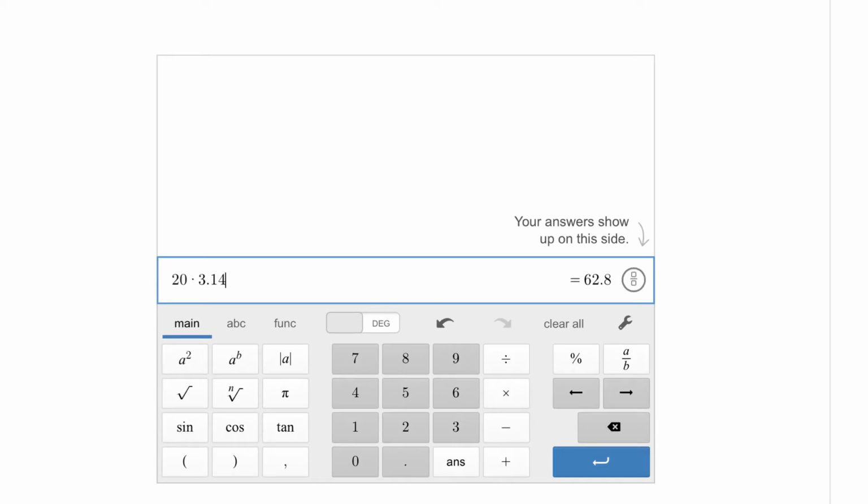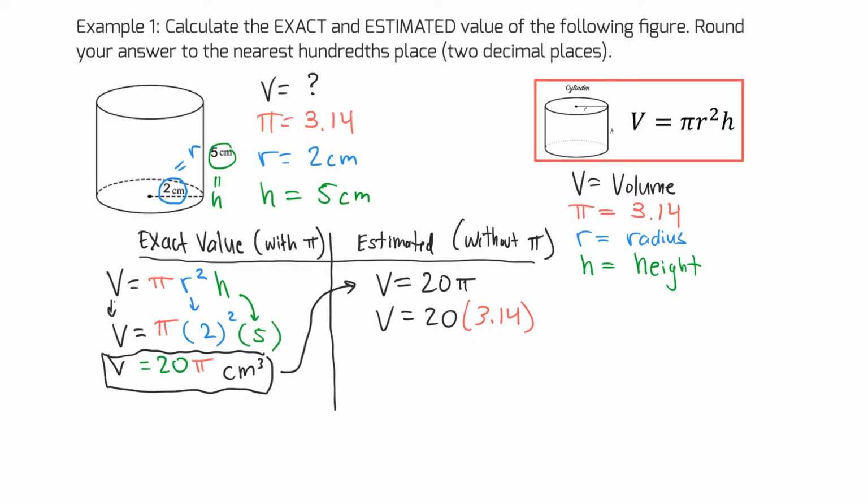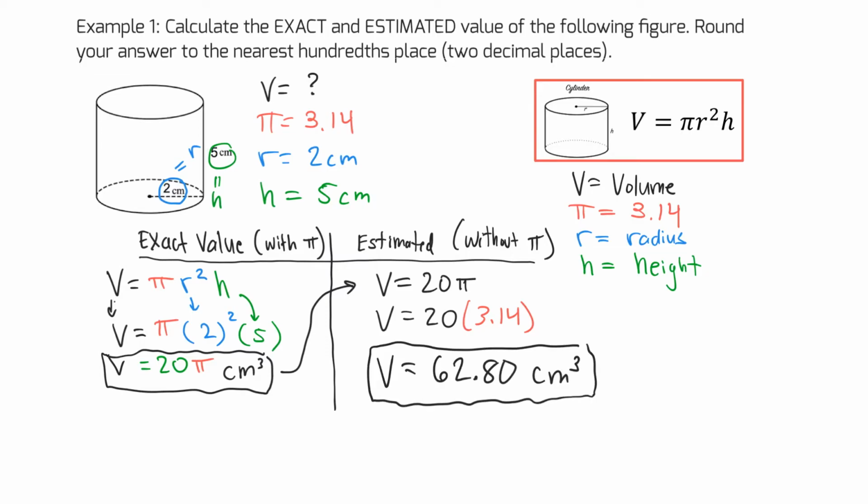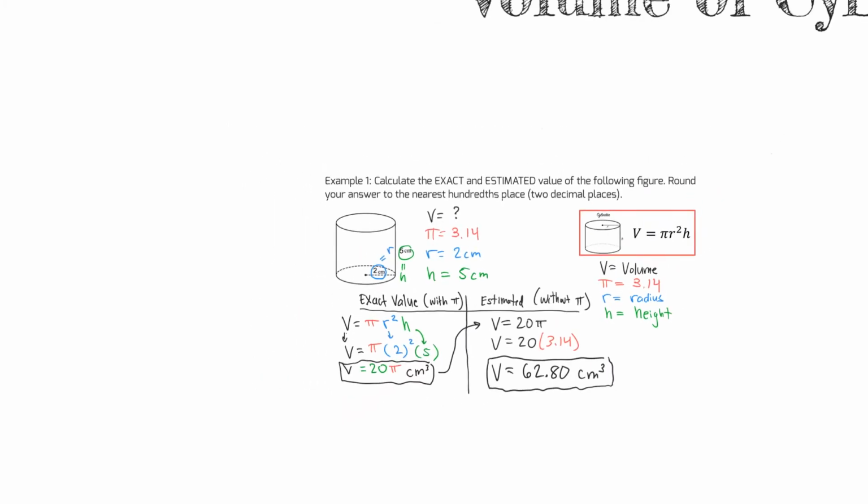And you get 62.8. I'm going to take that answer and write it down. So what I have is V equals 62.80 centimeters cubed. Then that's it. All right, now going on to the next example.